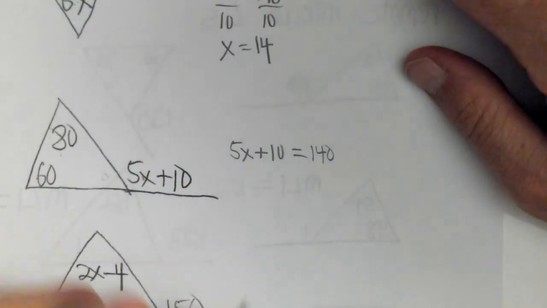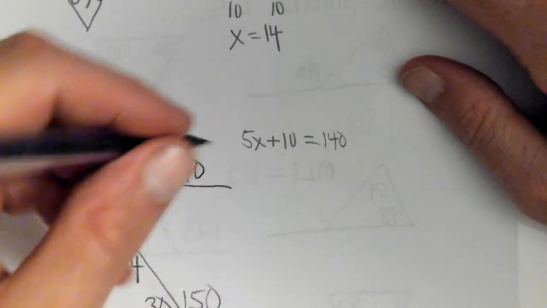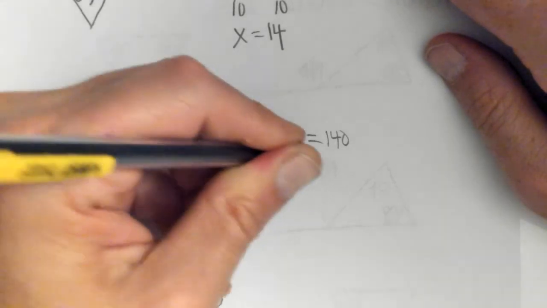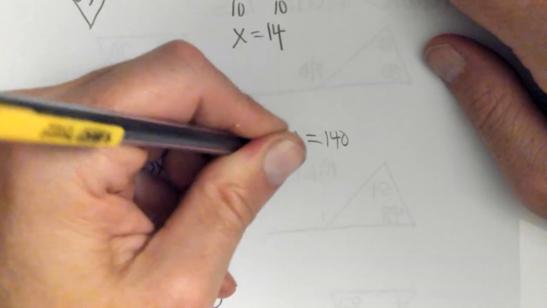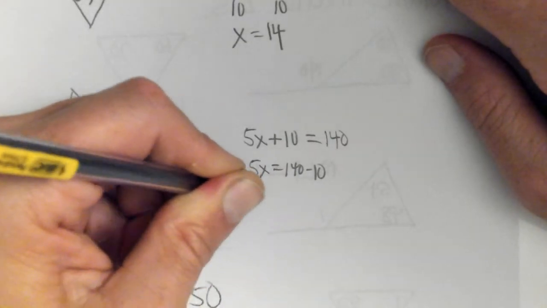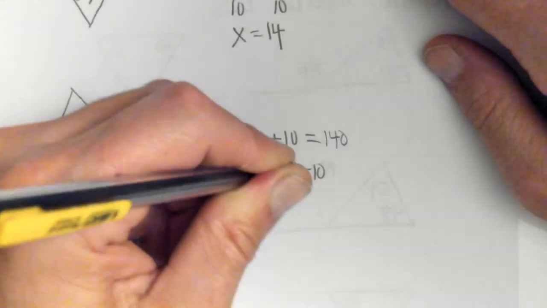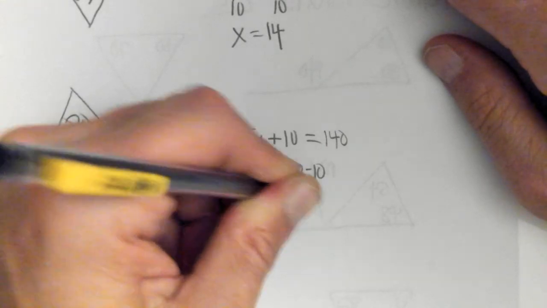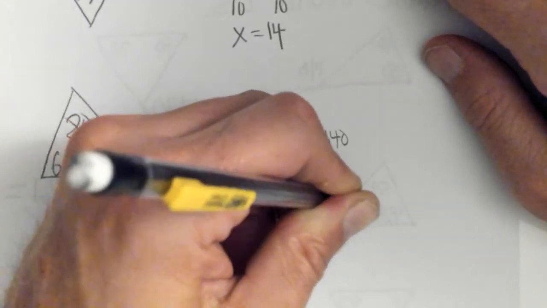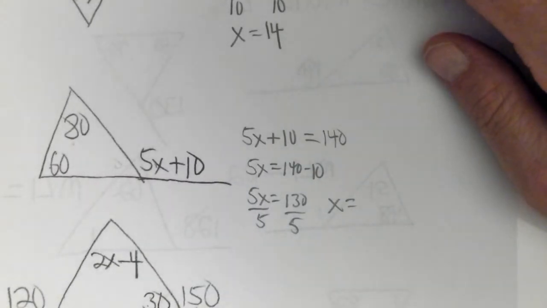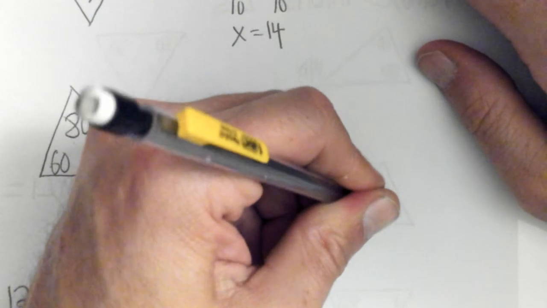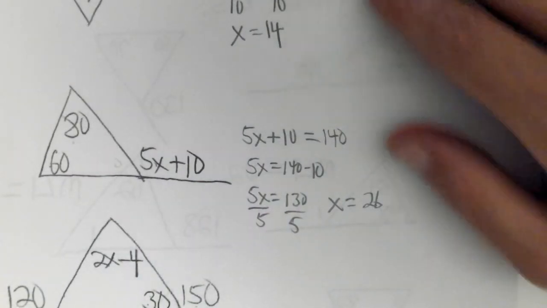Now I have an equation I can solve for x, and I'll start by moving the 10 over to the other side. 5x equals 140 minus 10. 5x equals 130. I'm ready now to divide by 5, and I know now that my x is going to be equal to 26. Alright, so there you go.